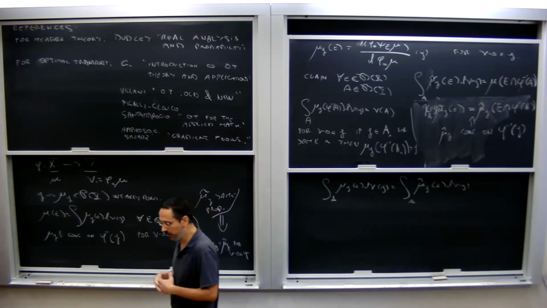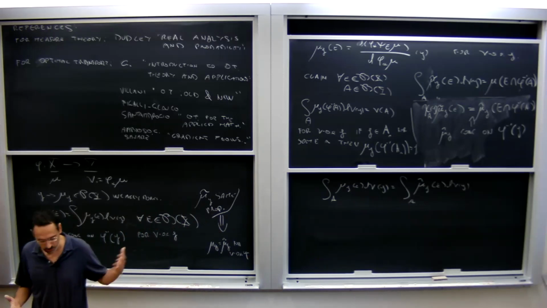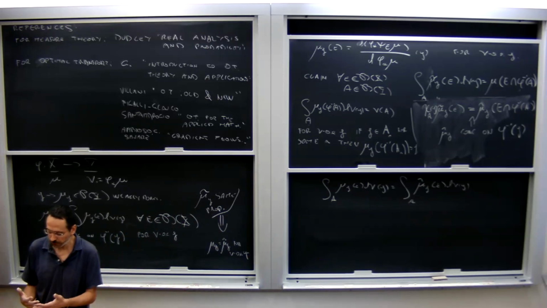So we have probability measures on a separable space, and then we know that once we look at the value of these probability measures on a certain countable algebra that generates the Borel sigma algebra, if they agree on that algebra, they must agree everywhere, right?